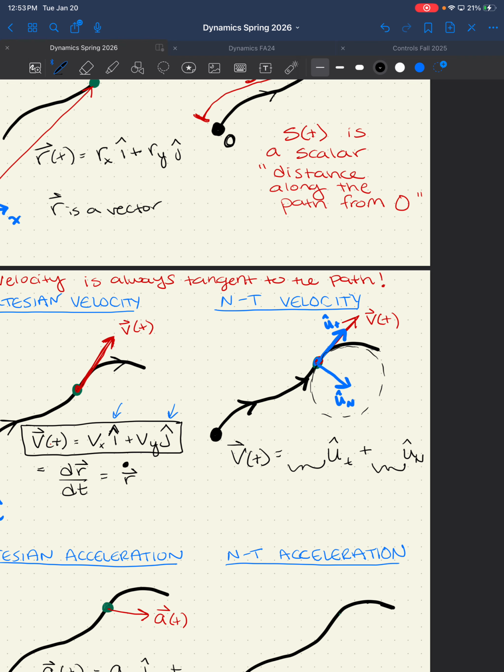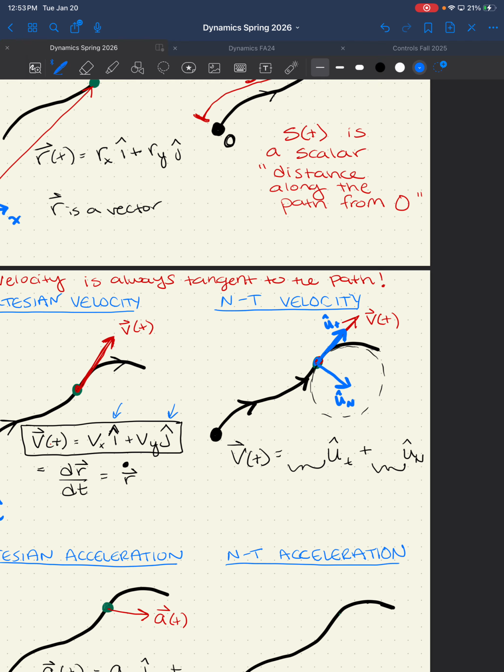All right. How much of v goes in the u hat t direction? All of it. Absolutely. Yeah, that's why I was making a big deal about the fact that this u hat t vector and the velocity vector are both completely tangent to the path.